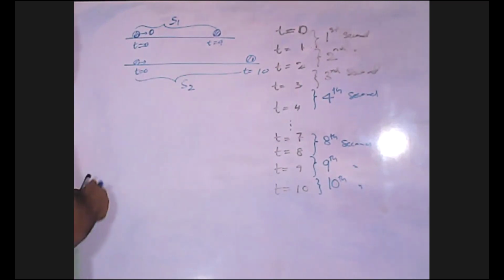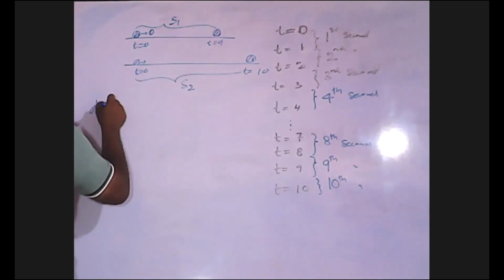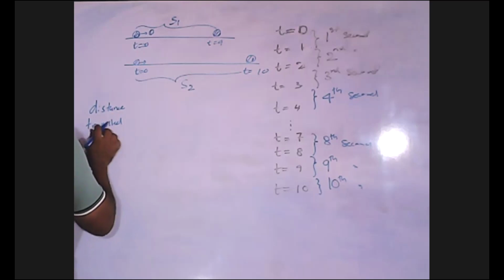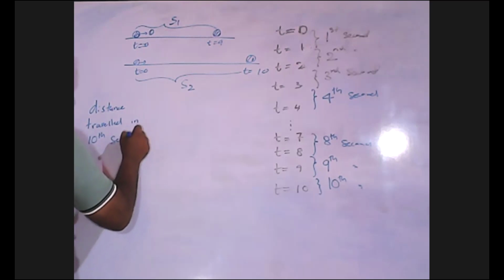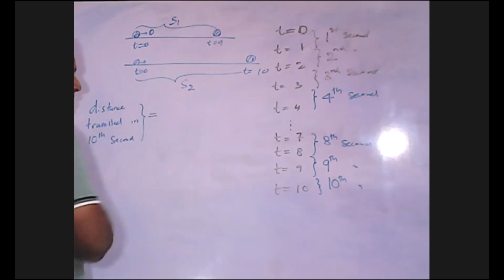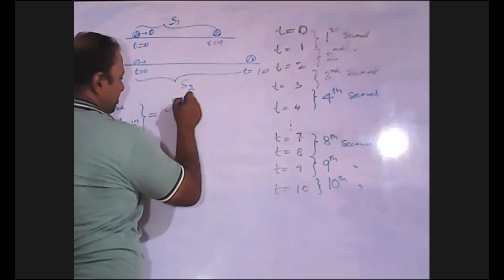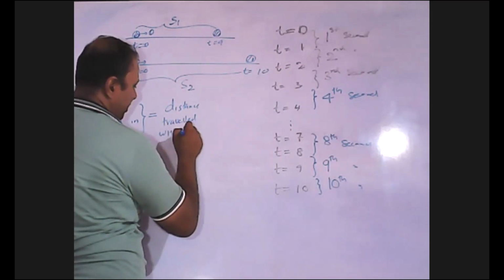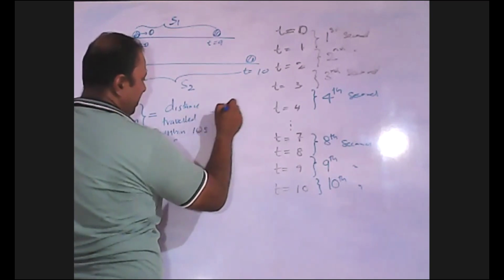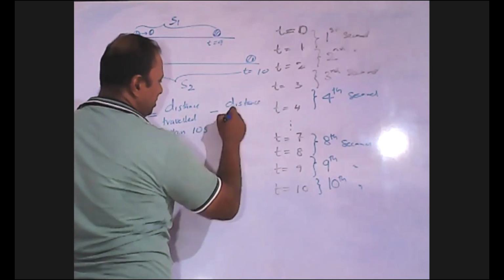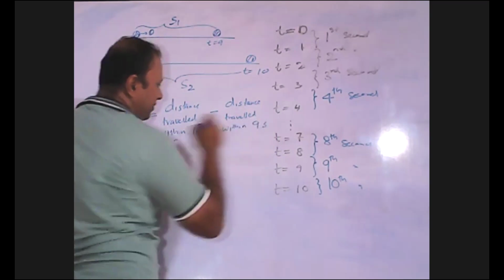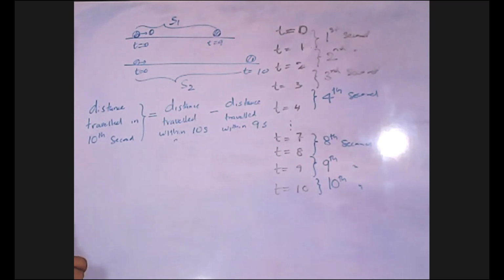Okay. Therefore, distance traveled in the 10th second is equal to the distance traveled within 10 seconds minus the distance traveled within 9 seconds.